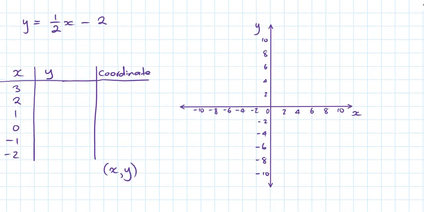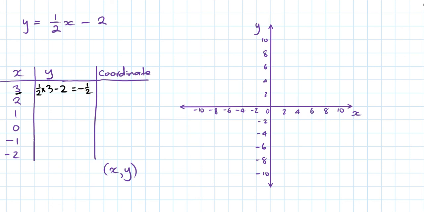Y equals a half x minus 2. So our xy table again. First point, when x is equal to 3, y is equal to a half times 3 and then minus 2. That is equal to 1½ minus 2, which will give me negative 1/2.